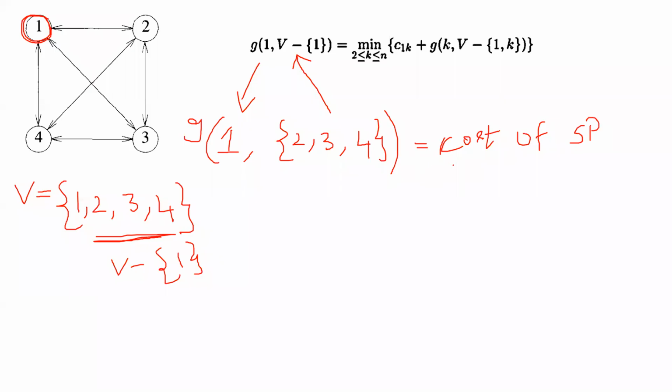Right now, how to calculate this cost of the shortest path? Because there might be many paths. As I said, the path may be 1, 2, 3, 4, 1, or the path may be 1, 3, 2, 4, 1, or the path may be 1, 4, 2, 3, 1. So there might be many possible paths, many feasible paths. But how to find the shortest path and how to find out the cost of the shortest path?